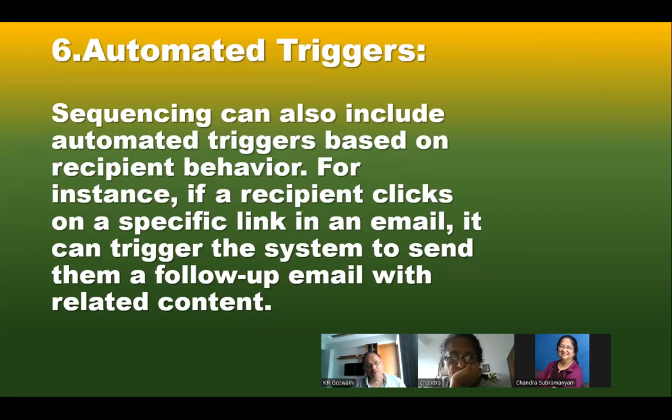Suppose I am keeping four buttons. Somebody is interested in emotional. When he clicks emotional, I have a sequence of 15 emails. He will get the emotional sequence emails. So it can be triggered on the requirement of the subscriber.